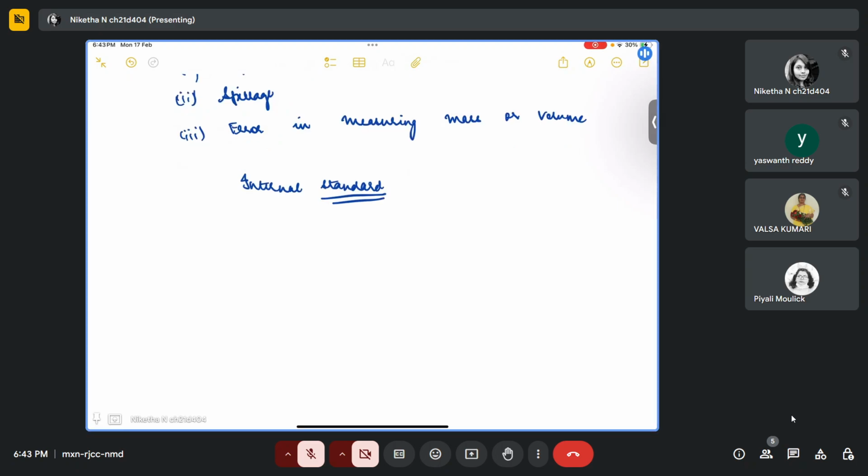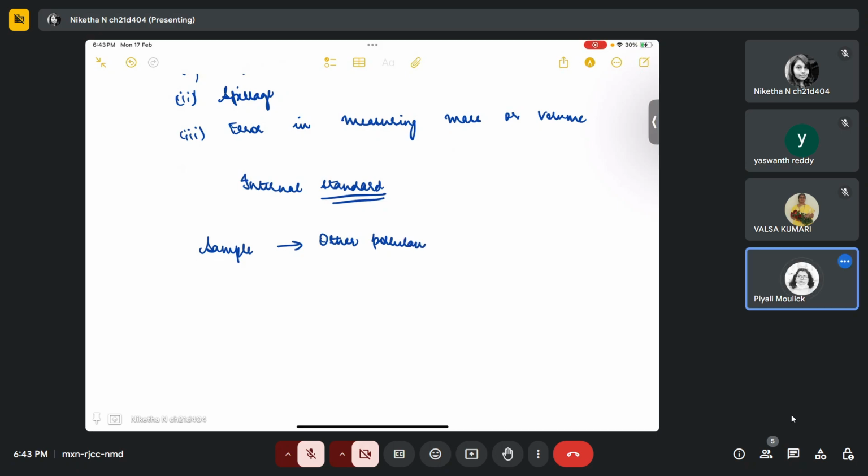So, in some cases, what happens is when we have a sample and we have the pollutant of interest in this sample, but there are other pollutants also. Now, we don't know how these pollutants will behave.